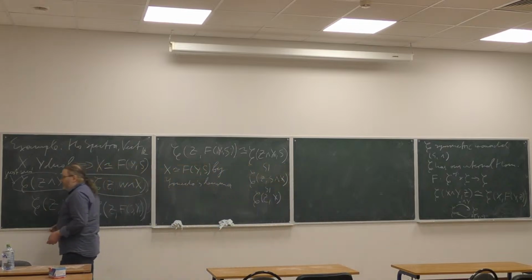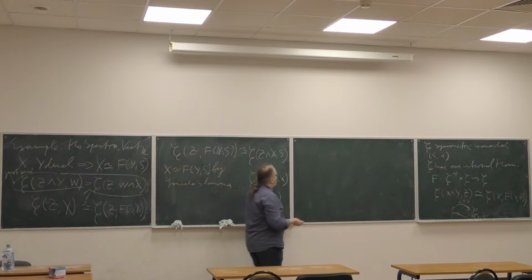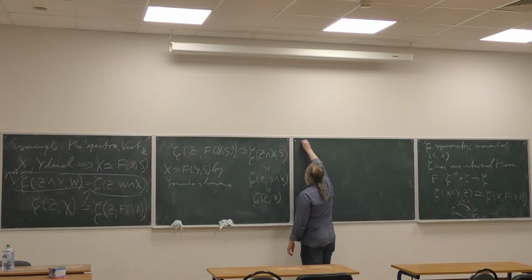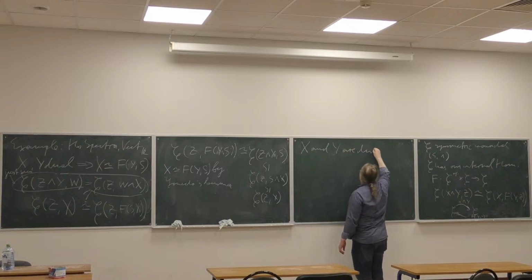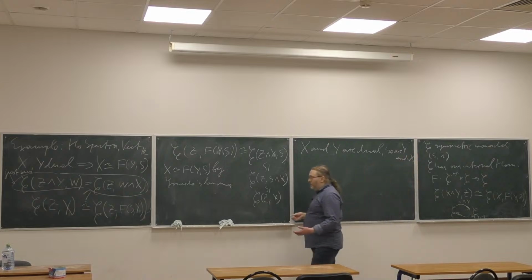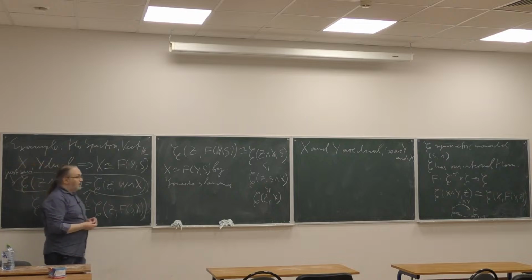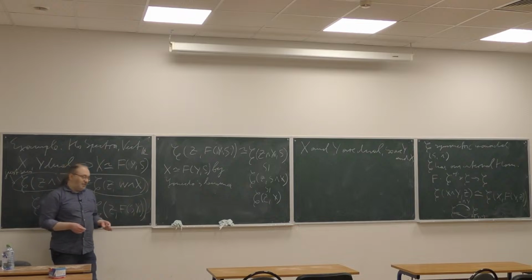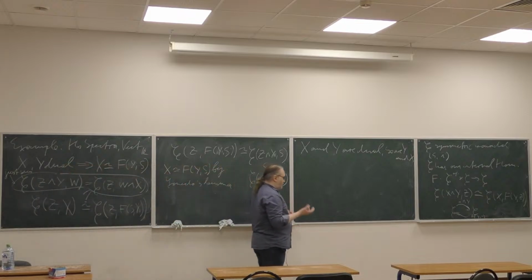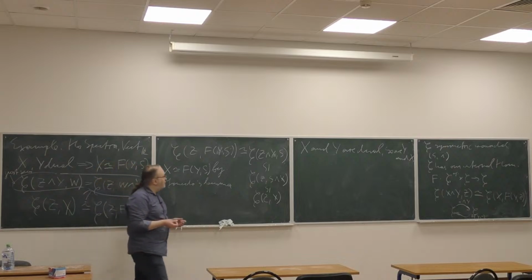Very well. Now let's see that if X and Y are dual, so are Y and X. In other words, if we take the double dual, we get back to where we started. Well, let's see.